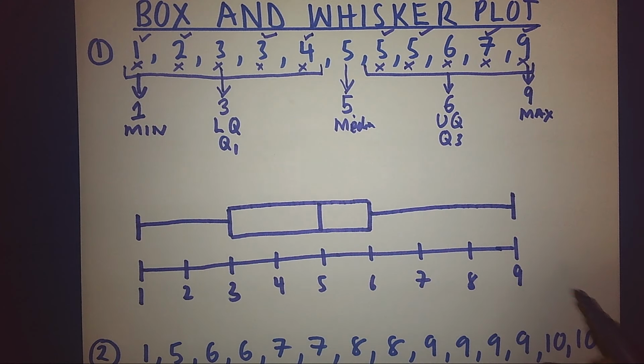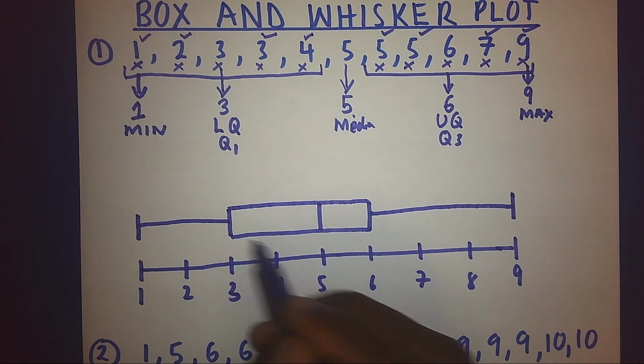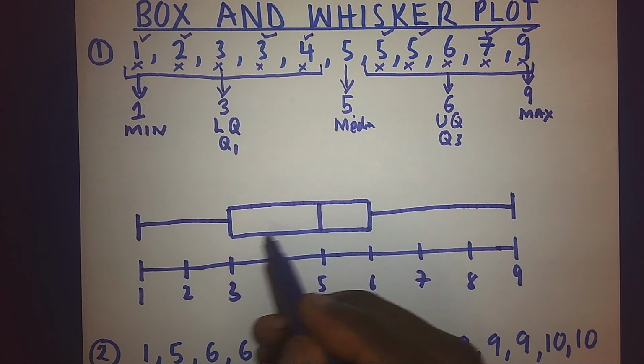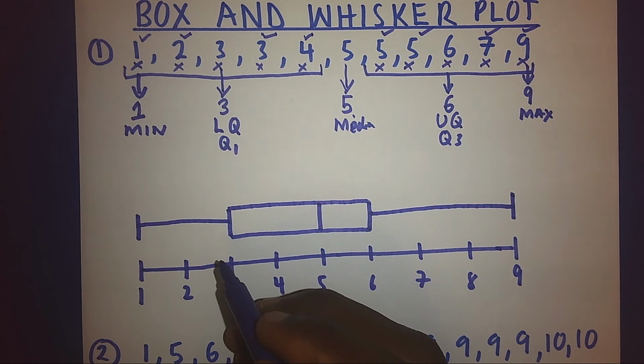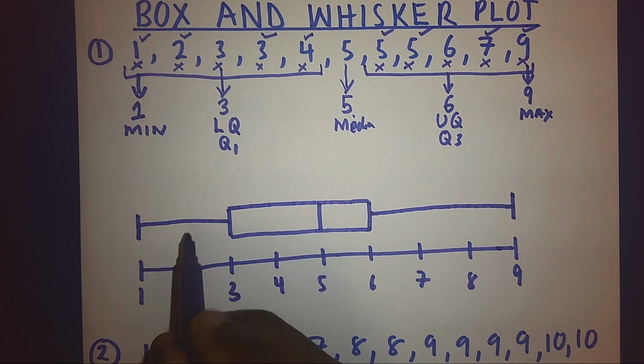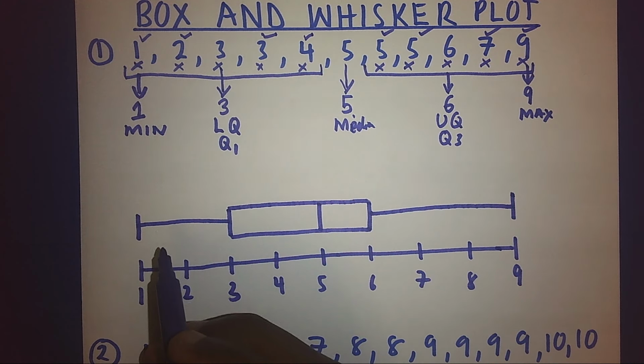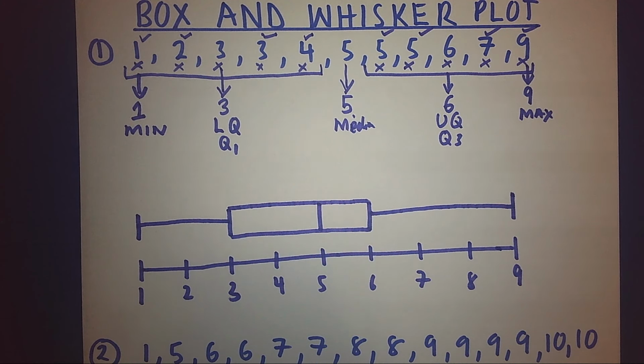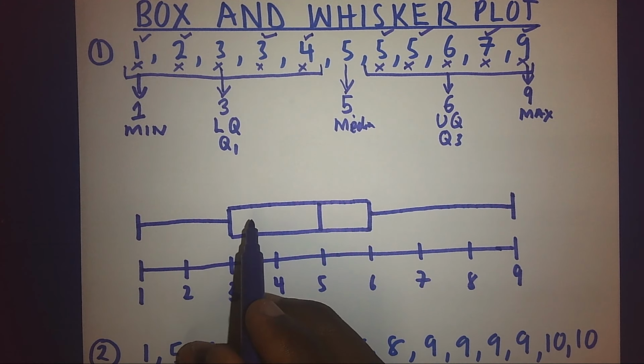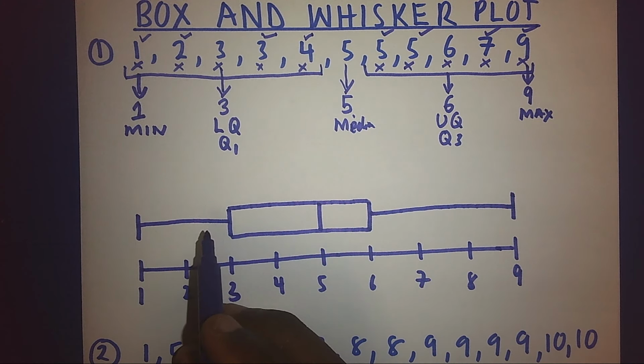So this is what we call box and whisker plot. For further information, remember, box and whisker shows how data is arranged and how data is spread.